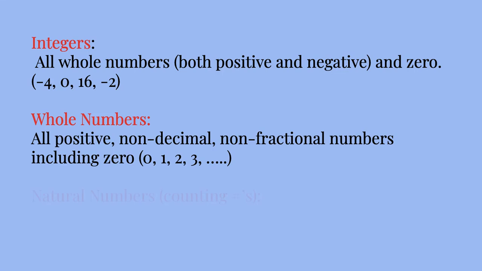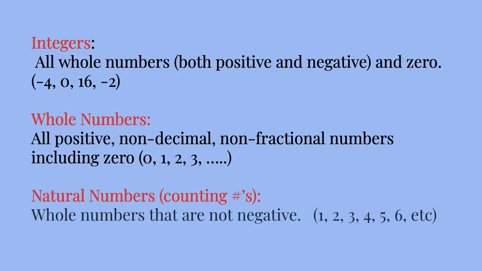And then we move into what's called our natural numbers, sometimes referred to as your counting numbers. Just think about when you're a kid and you start learning to count. What do we start counting with? We start with the number 1. So your counting numbers start at number 1. The only difference between your whole numbers and your natural numbers or counting numbers is that your whole numbers include 0.